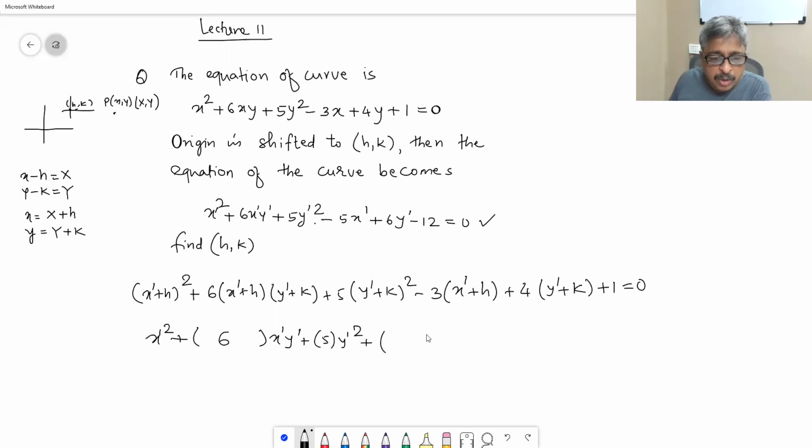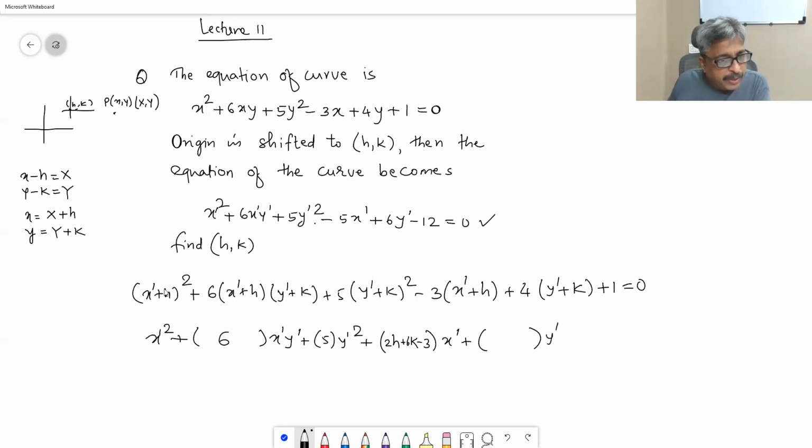The coefficient of y dash square is going to be 5 times y dash square plus. Now coefficient of x dash. X dash is generated here, so 2h. X dash is generated here, 6k. X dash is generated here, minus 3. Plus, inside bracket, y dash.